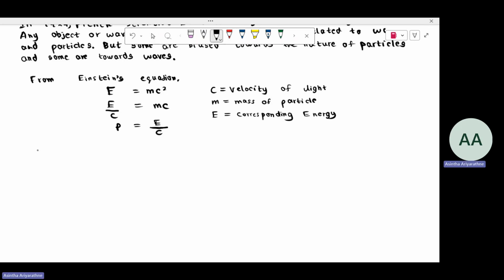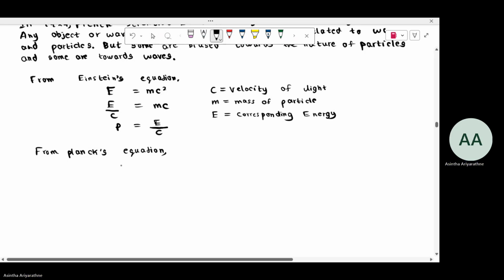Right. So then from Planck's equation, E is equal to hf or hc over lambda.